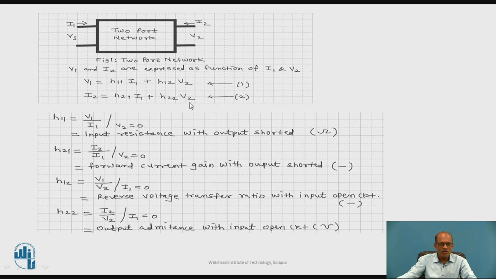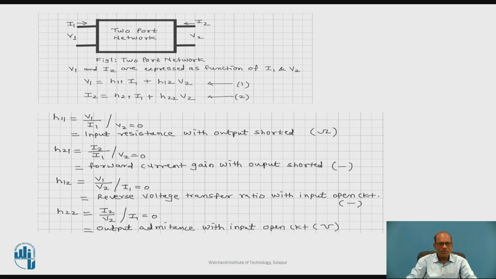Secondly, by shorting the output, that is making V2 equal to 0, and using equation number 2 we get H21 is I2 by I1 with V2 0, and as I2 is output current and I1 is input current, so I2 by I1 is the forward current gain with output shorted. As it is a ratio of currents, it is not having any unit.